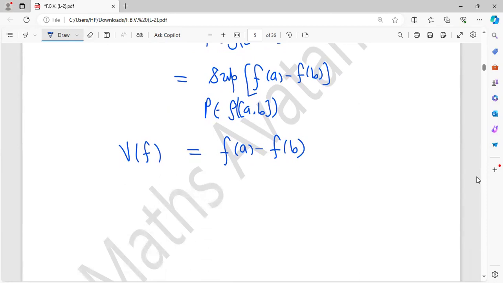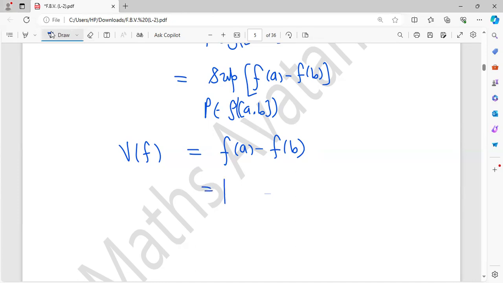So I can take the minus common: minus (FB minus FA).